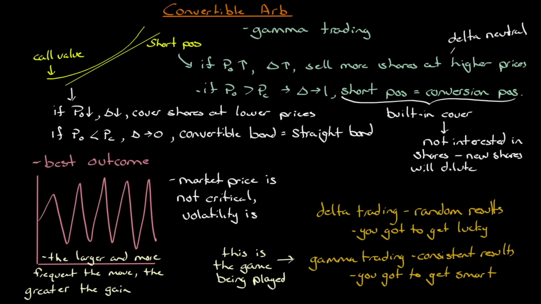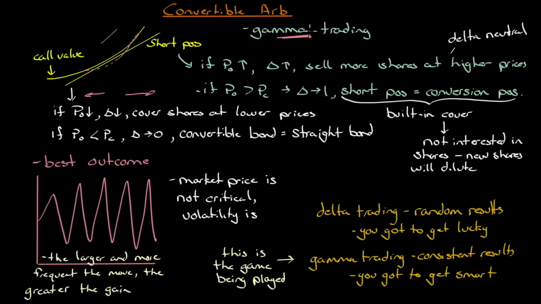Okay, so let's get to what this would mean for the shareholder. Here is a replication of what I had on the last screen, and it should look like this if we're going to draw it out right. This is the price increasing, this is the price decreasing, and the convertible bondholders are gamma trading. Delta trading means that you're trading the change in the share price.